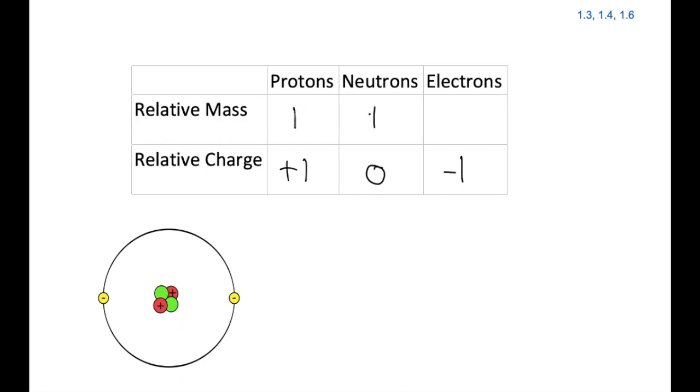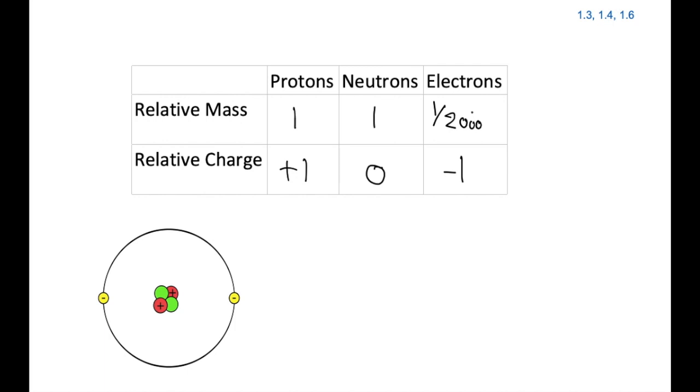Protons and neutrons have effectively the same mass, so we give them the same number, 1. But the mass of an electron relative to the mass of a proton or a neutron is 1 in 2000, or 0.0005. So you would need 2000 electrons to equal the mass of a single proton or a single neutron.